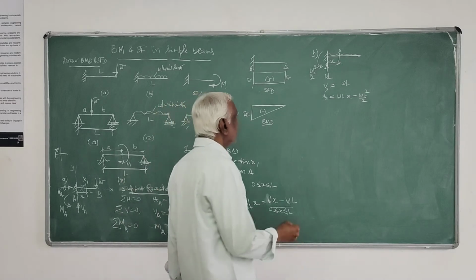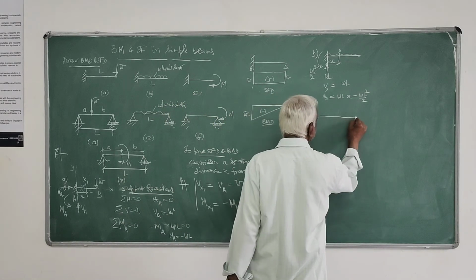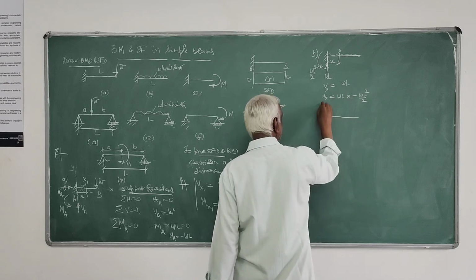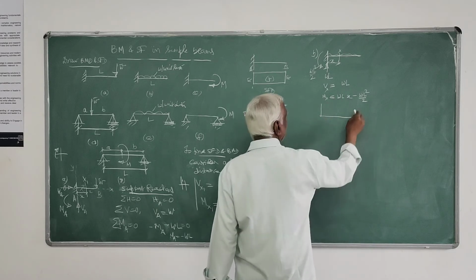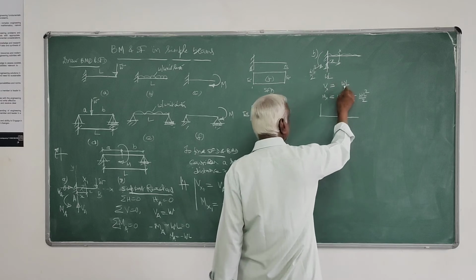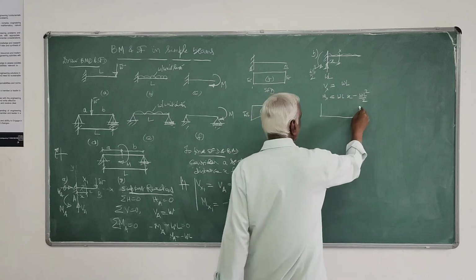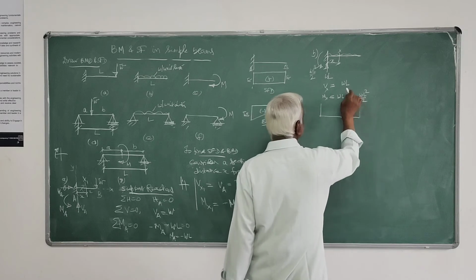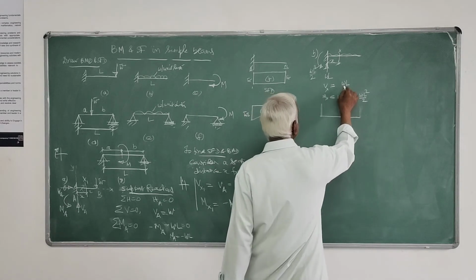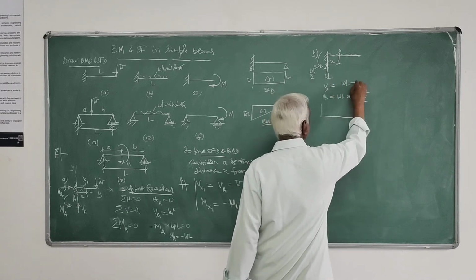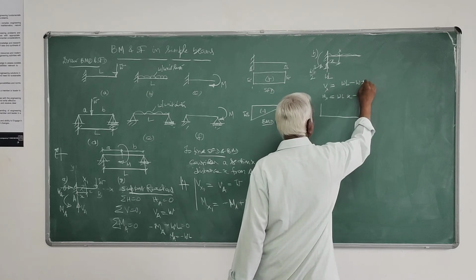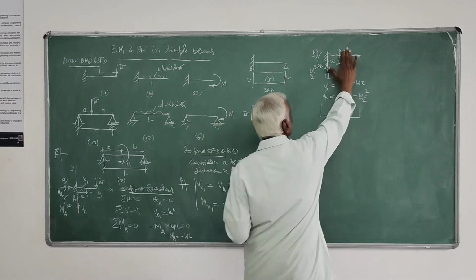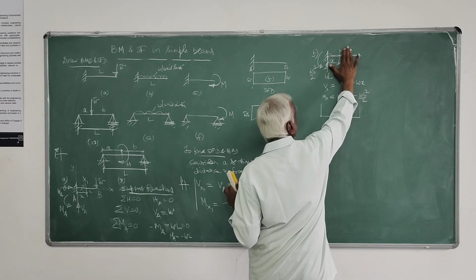Like that. So if you plot, at x equals 0 it is plus WL. And at x equals L, the shear force at x is WL minus Wx, because it is the algebraic sum of all vertical loads.